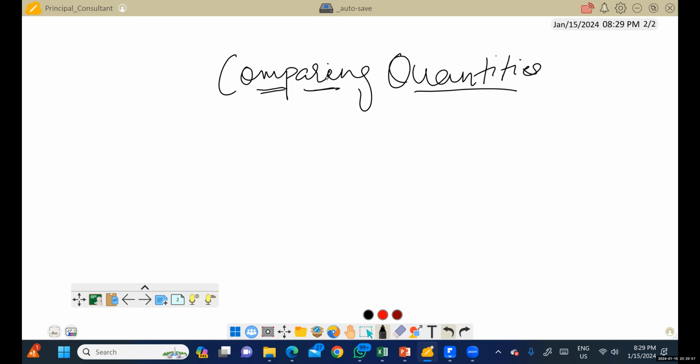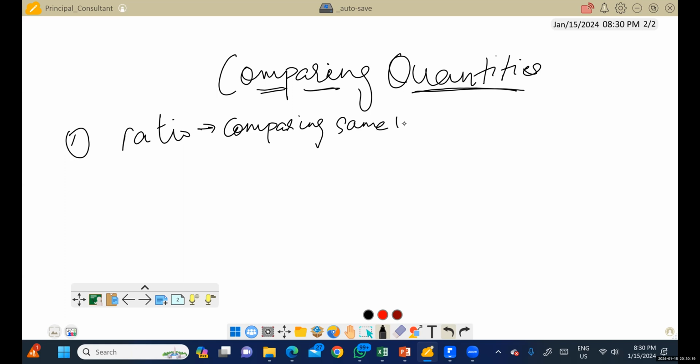We are comparing quantities, which we had discussed even in ratio. Ratio is one part of this chapter. Ratio also means we are comparing two same units or quantities. This is one part of comparing quantity.